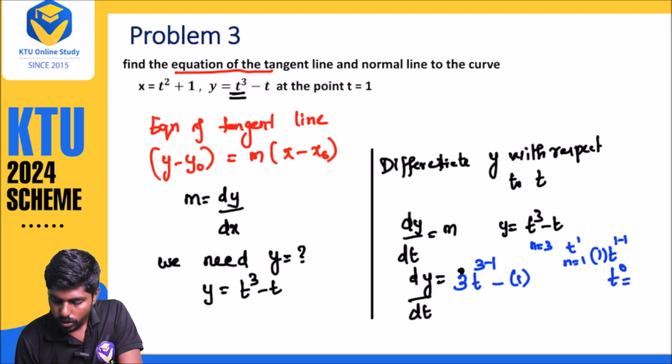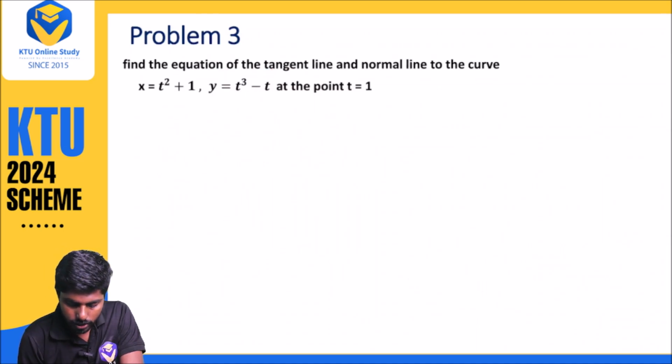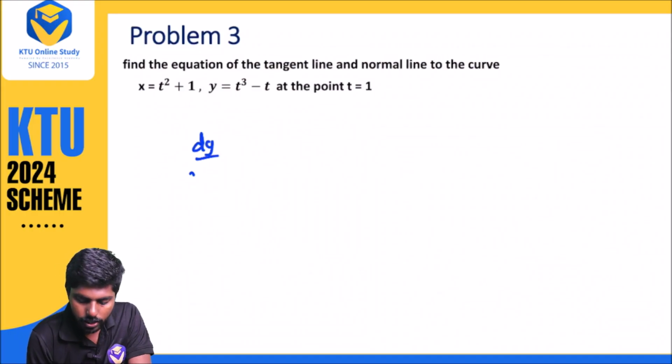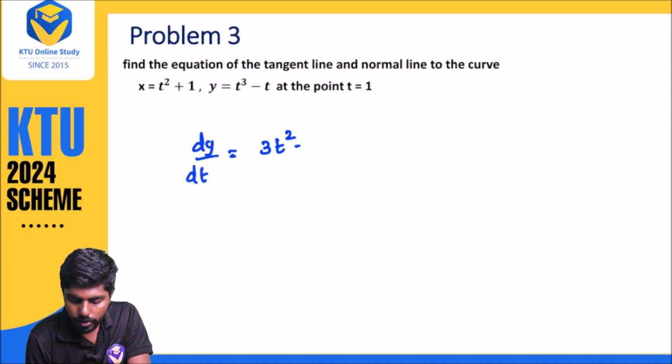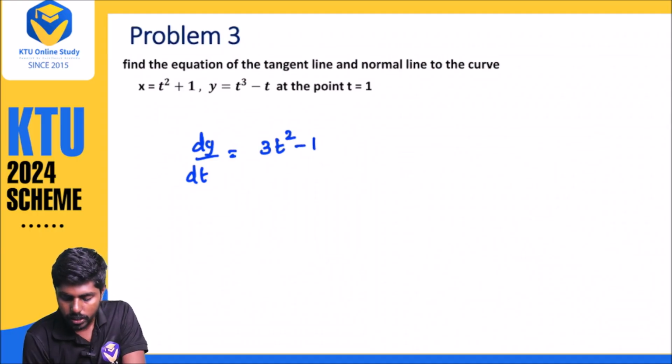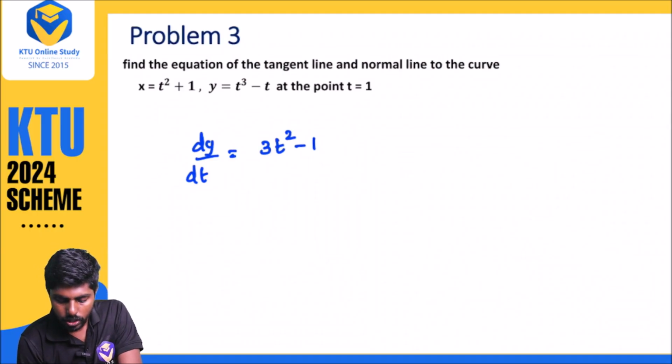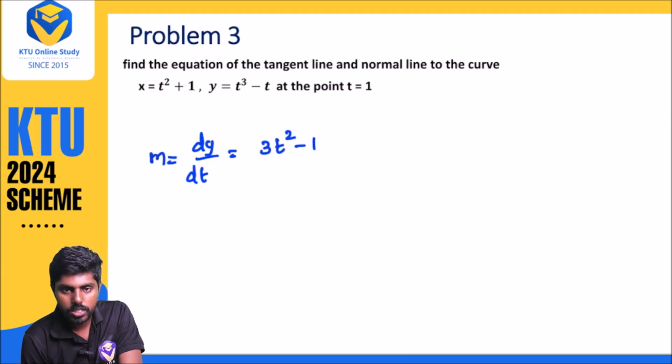What is t power 0? t power 0 is 1. So when we differentiate, we get dy by dt is equal to 3t square minus 1. So this is nothing but m.